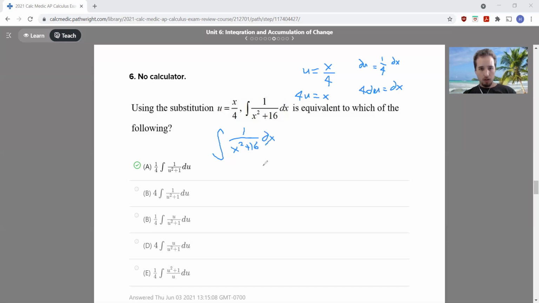So when we plug in our u values, we get 1 over, well, x is equal to 4u, so we get 4u squared plus 16. And dx is equal to 4 du.